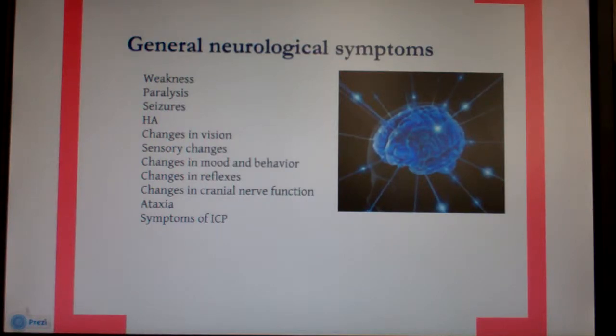These are general neurological symptoms that we're looking at. I could read down the list for you, but you can clearly see when there's cancer, you have weakness, paralysis, seizures, headache, changes in vision, sensory changes, changes in mood and behavior, changes in reflexes, cranial nerve functions, ataxia, symptoms of intracranial pressure. It really depends on where the cancer is and what kind of cancer we're talking about, of course.